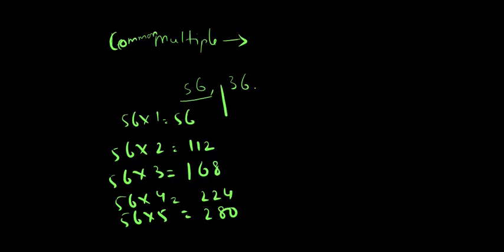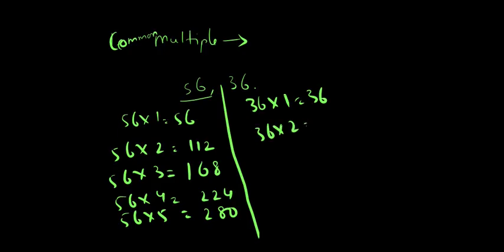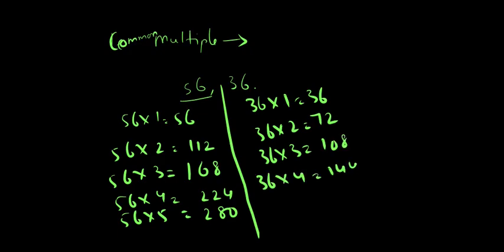In the same way, multiples of 36: 36 ones are 36. 36 twos are 72. 36 threes are 108. 36 fours are 144. 36 fives are 180. 36 sixes are 216. Any common thing here?